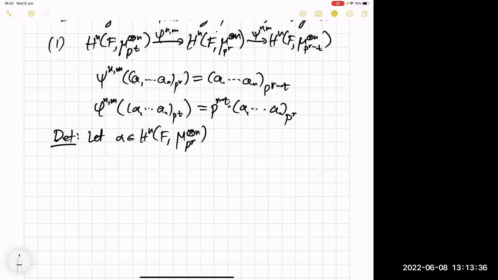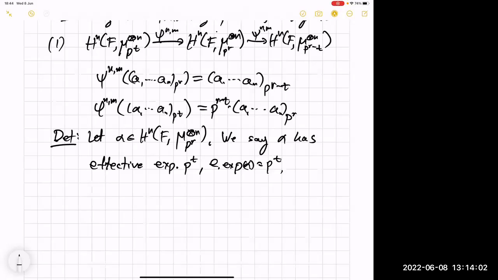We say alpha has effective exponent p^t, and I denote it as effective exponent of alpha equals p^t, if t is the smallest such that p^t of alpha equals 0.